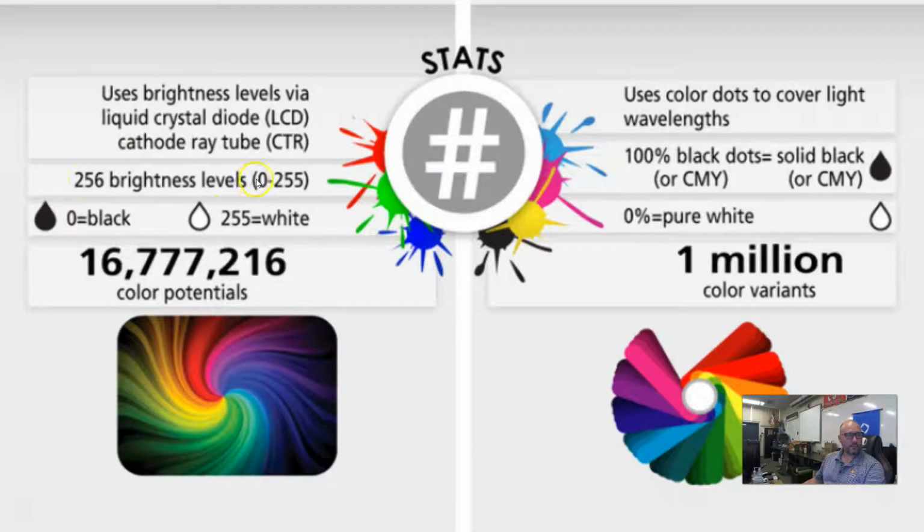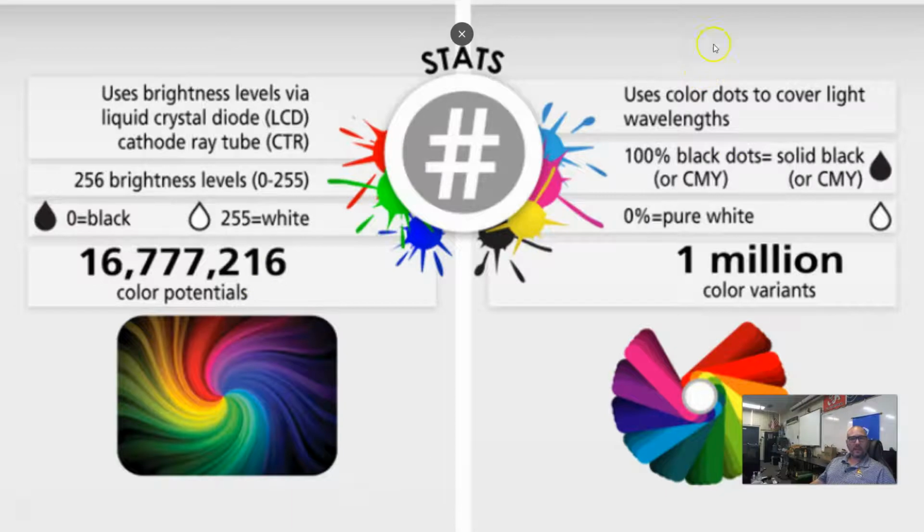The numbers 0 to 255 mean there are 256 brightness levels. You're going to see that when we get into changing the colors in the PowerPoint. So 0, 0, 0 would be totally black, and 255 would be totally white. If you multiply 256 times 256 times 256, you get over 16 million color potentials.